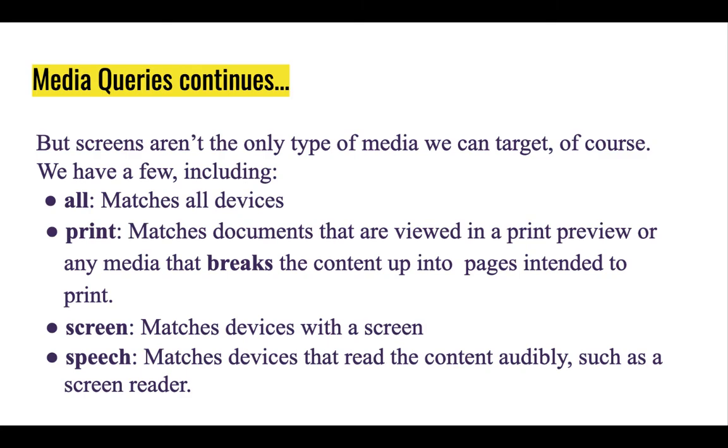Then we have print, which matches documents that are viewed in the print preview or any media that breaks the content up into pages intended to print. Then we have the most common, which is screen, which matches devices with a screen. Lastly, in this course, we have speech, which matches devices that read the content audibly, such as a screen reader. Let's go a bit deeper.